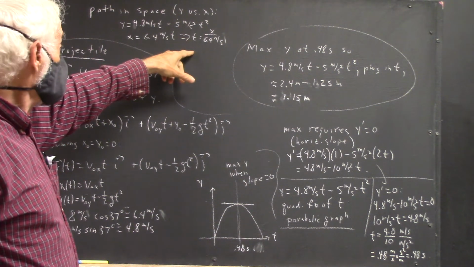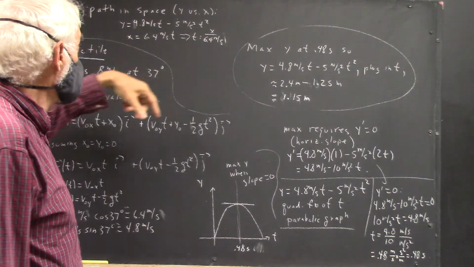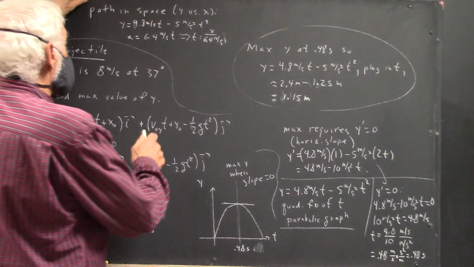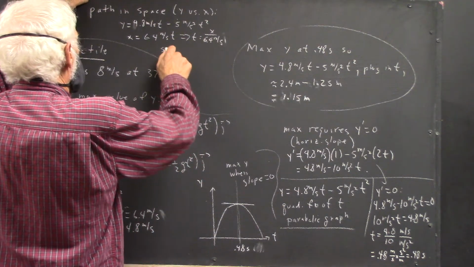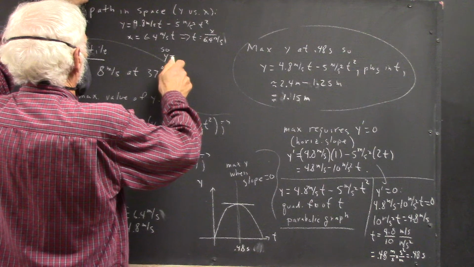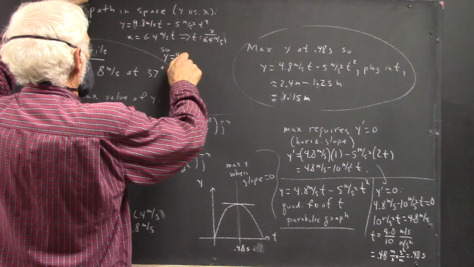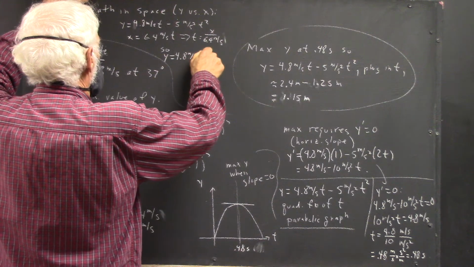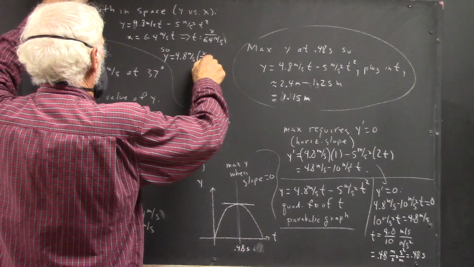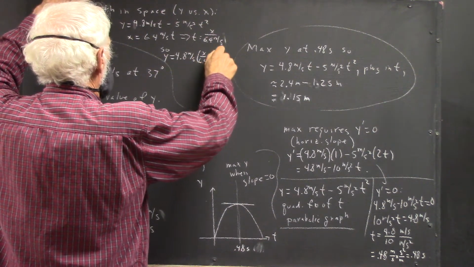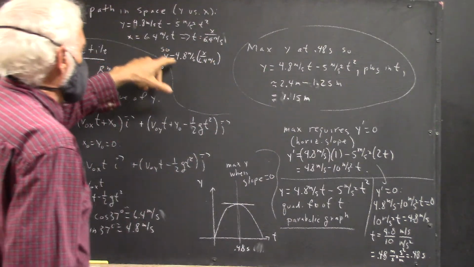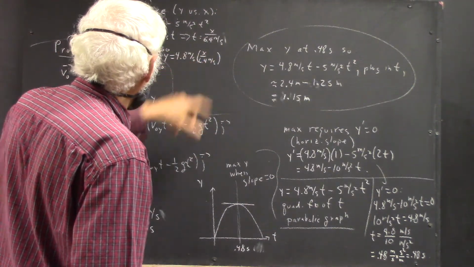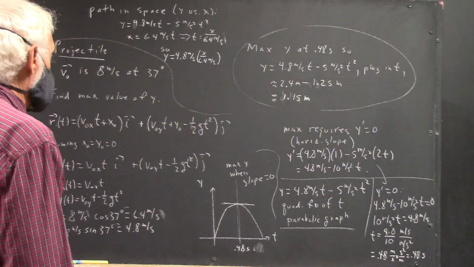We solve for the parameter, and now we can plug that back into y, which is going to be 4.8 meters per second times x over 6.4 meters per second.